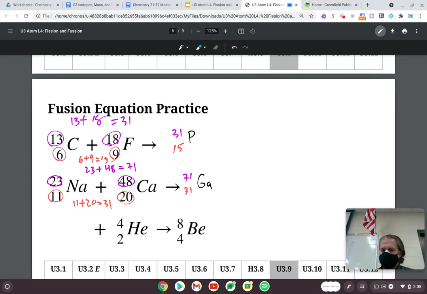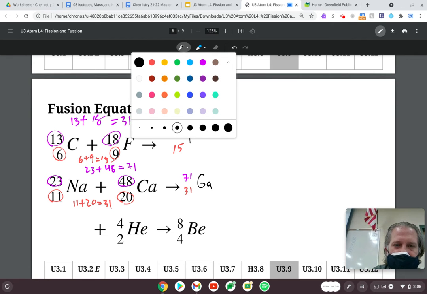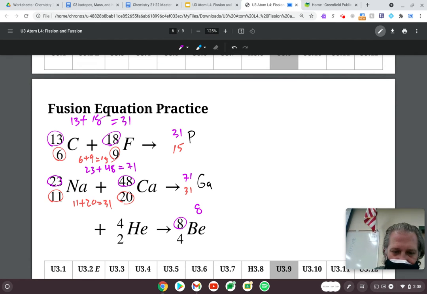So like it's the top one. Oh wait, never mind. The numbers are switching. Gotcha. Okay. Now the next one, I don't know what my first element is, but I know what my product is going to be. So if they have to be equal to one another, here is my product, which is 8 on this side. And so on the other side, those two things have to add up to 8.